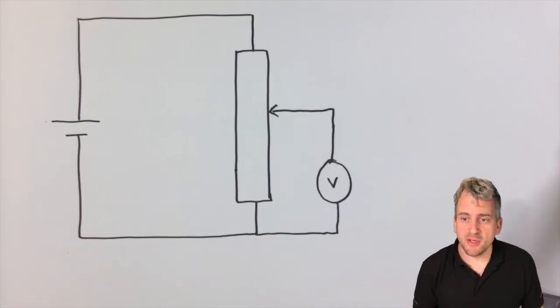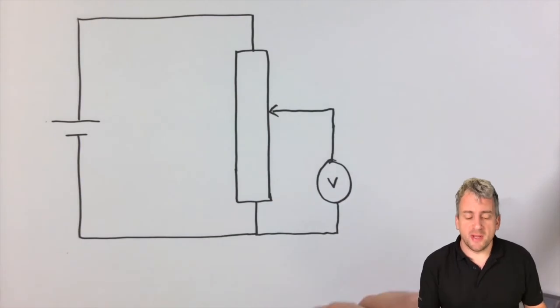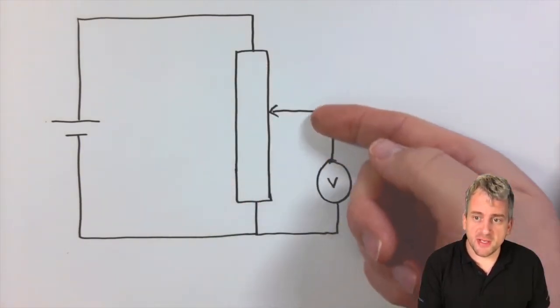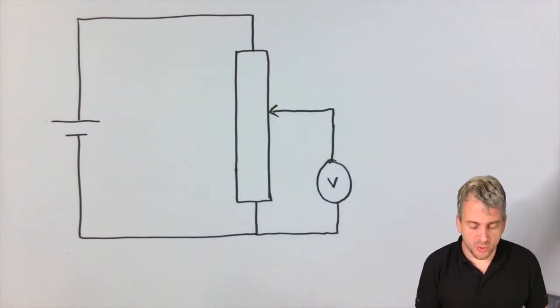Up until now, we've said that a potential divider is just a couple of resistors in series, but actually it can be a whole series of resistors, or we can use one of these, a rheostat, as a form of potential divider. Let's have a look at how we would draw that. Sometimes you'll see a potential divider drawn like this, where you'll see a single long resistor and an arrow going in towards the centre.